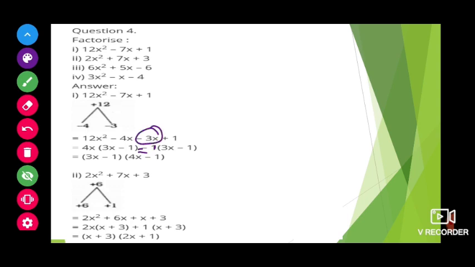Then minus 3x will become plus 3x, plus 1 will become minus 1. Now both the expressions have 3x minus 1. So take out the 3x minus 1. Here the remaining is 4x, here the remaining is minus 1. So 4x minus 1.